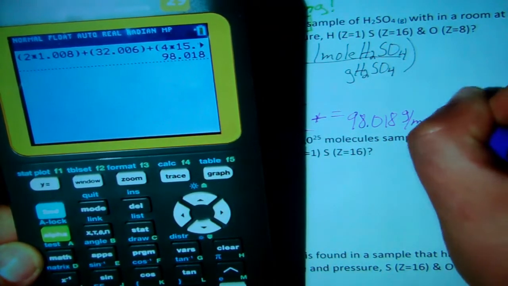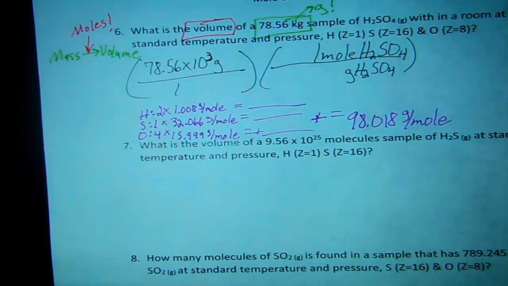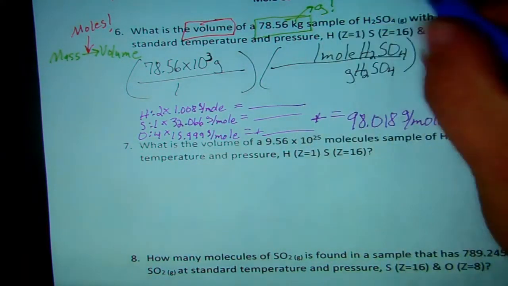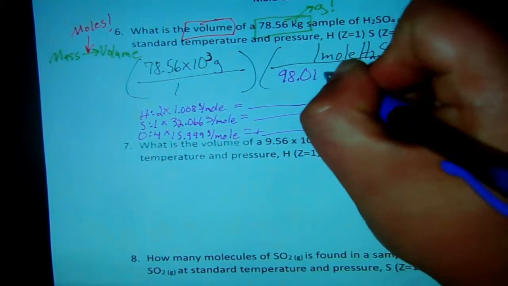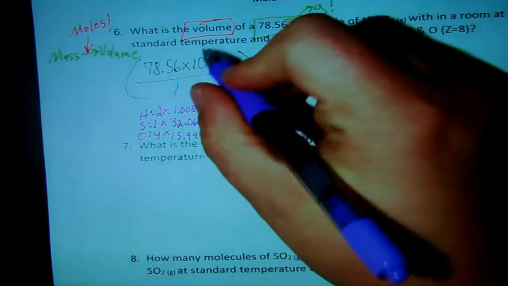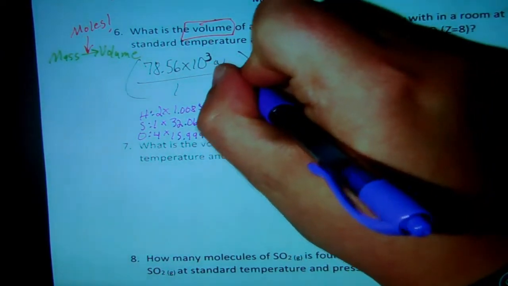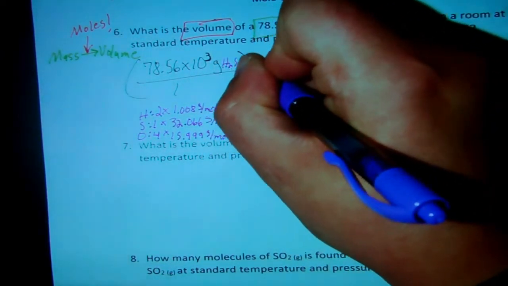Like I said before, remember this number follows grams. Make sure it's following grams. So let's go 98.018 grams of H2SO4. Add H2SO4 here.